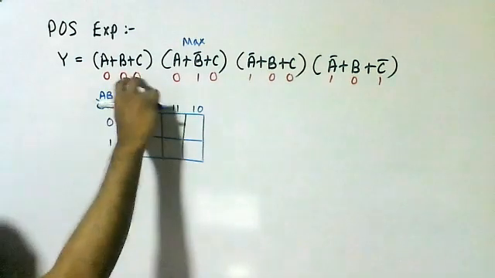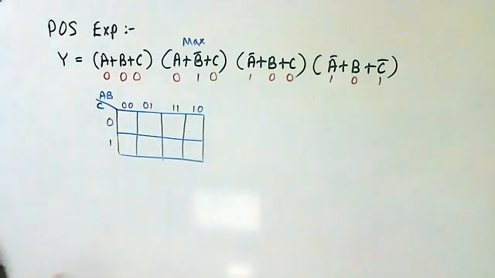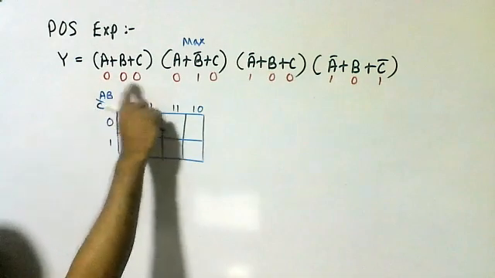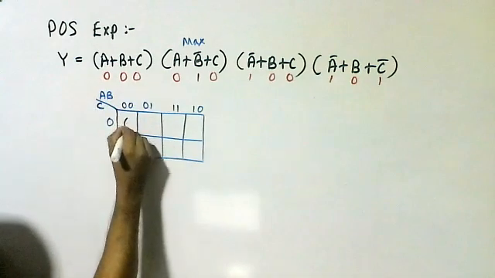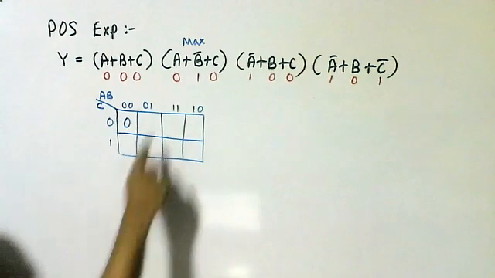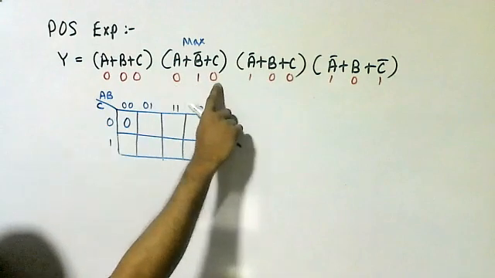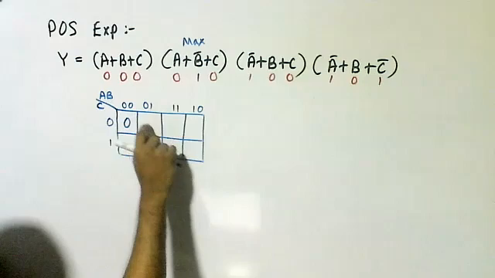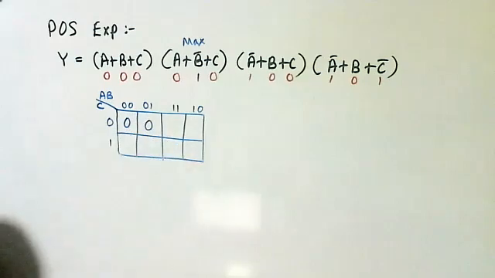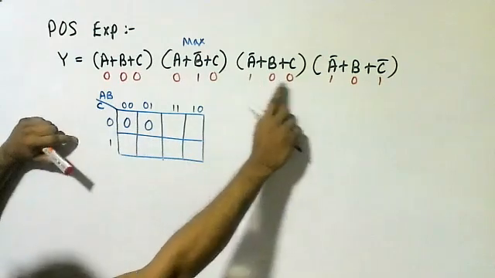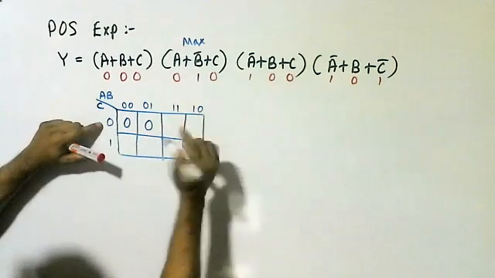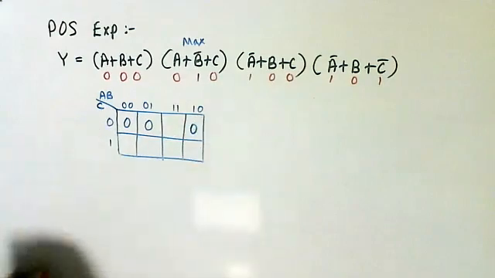Now I'm going to mark all these max terms. Here 0, 0, 0, so 0. Here 0, 0, 1, so 0. Here 0, 1, 0, so 0.